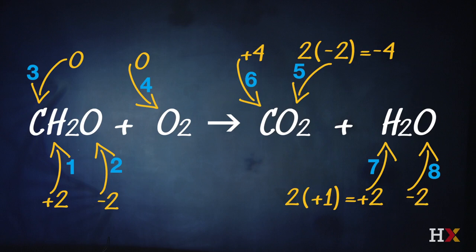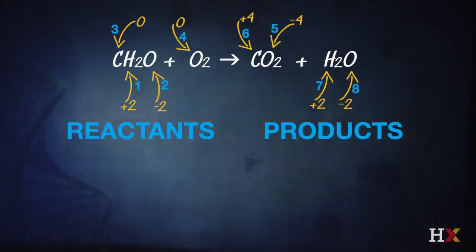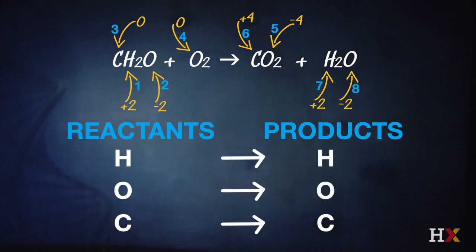So we've now followed the evolution of the oxidation state for each atom in this chemical reaction. Now we're ready to determine whether we've got an oxidation-reduction reaction. In order to do this, the first thing we want to do is lay out each of the atoms involved in the reactants and the products. The next thing we want to do is to identify the oxidation state for each one of the hydrogen, oxygen, and carbon atoms in this case on the reactant side.